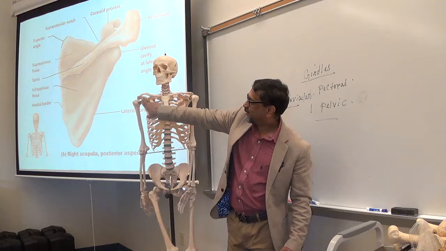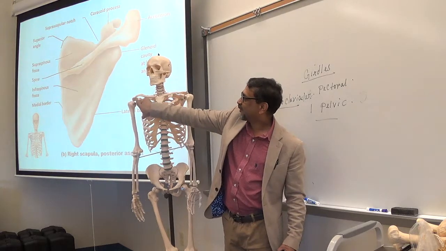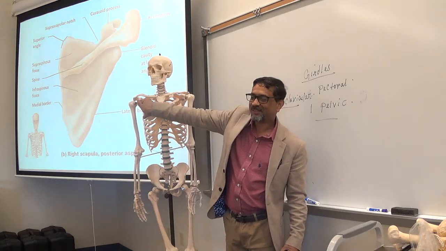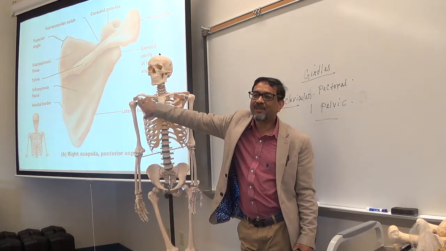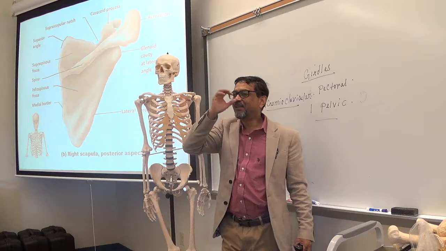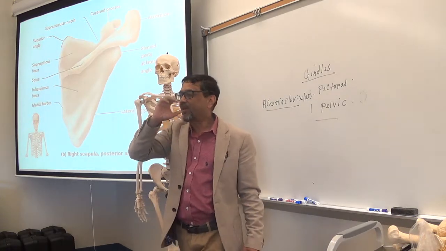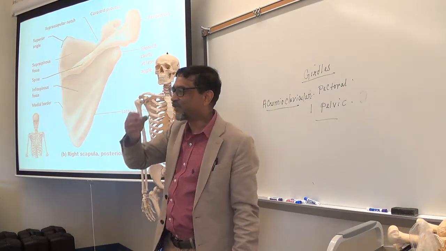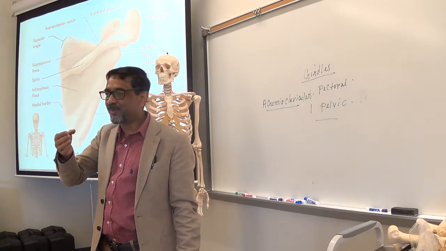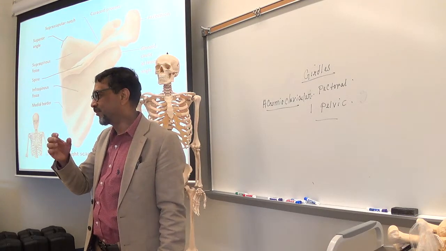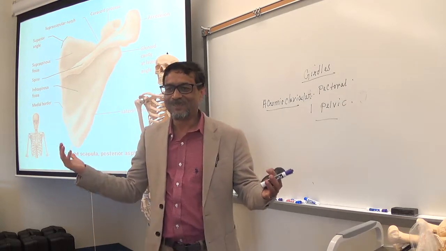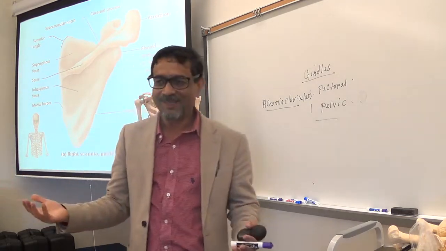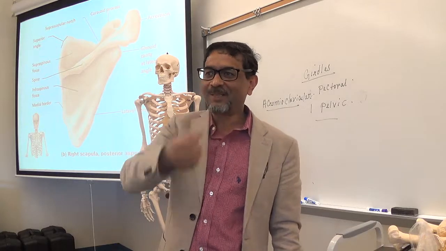You see here, another structure. This is called the coracoid process. It looks like the beak of a bird. That's why coracoid means beak of the bird. I don't know if it looks like that, but the anatomists thought it looks like a beak.